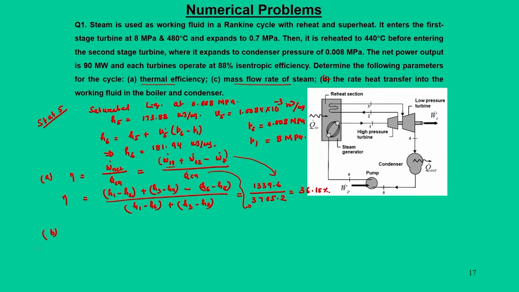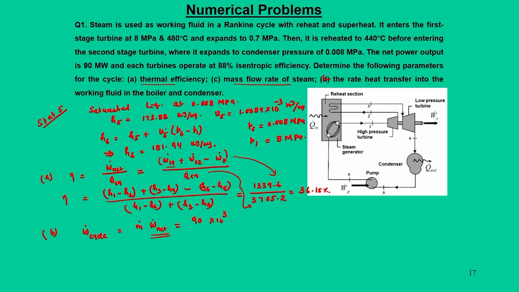The second part is the mass flow rate of steam. For this we know that net power is 90 megawatt. So, cycle work is equal to m dot into w_net, that is equal to 90 into 10 to the power 3.